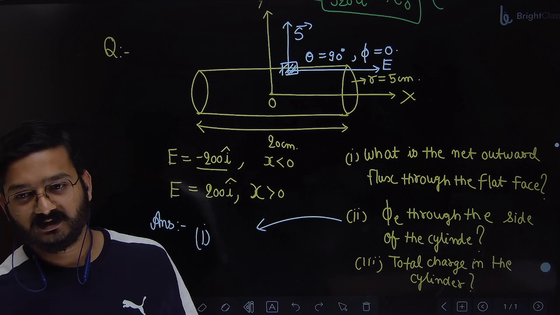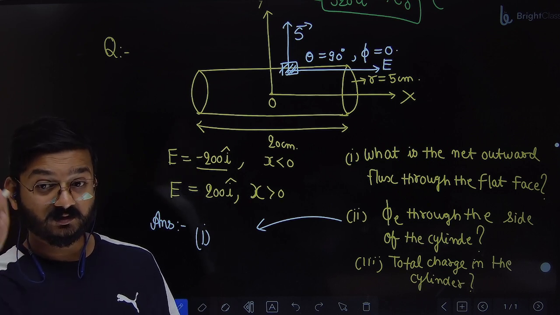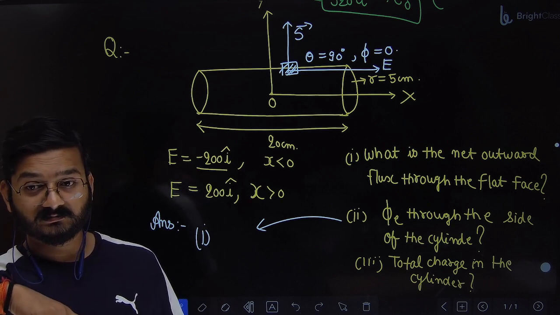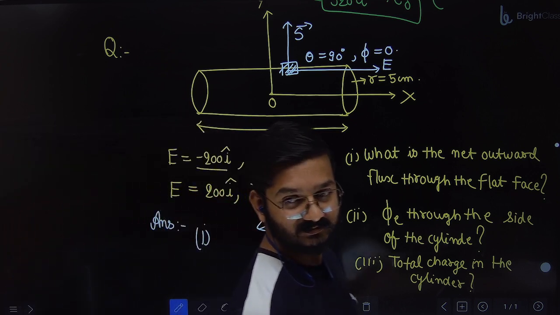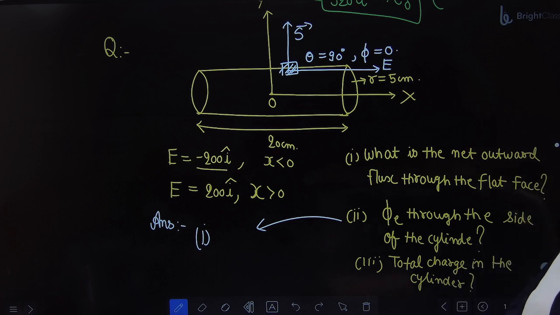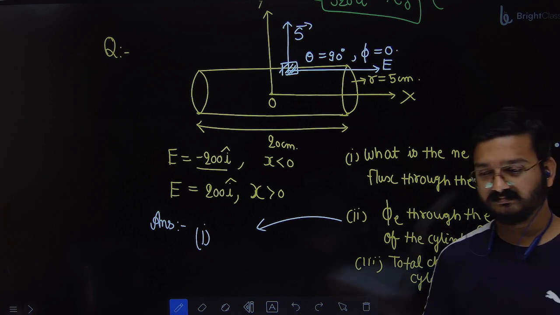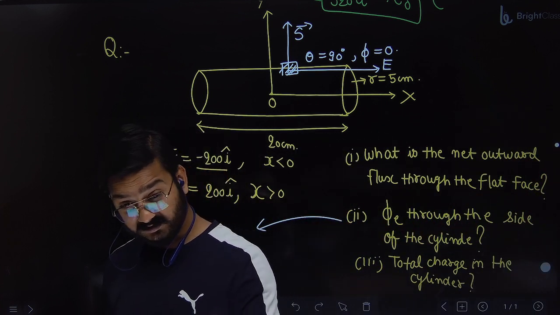What value are you getting? Tell me the answer for the total. 62800, you have made a mistake. The net flux will not be zero. 3140, you have not converted the units.